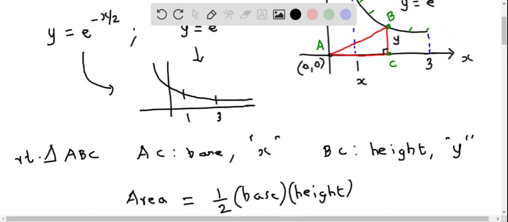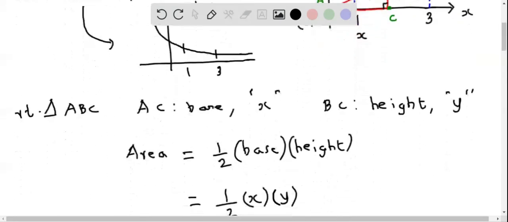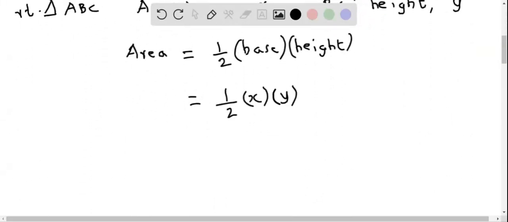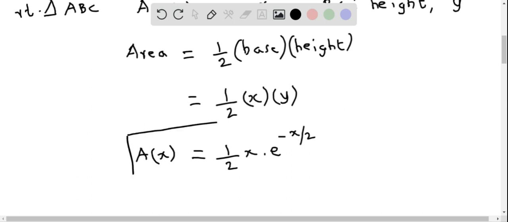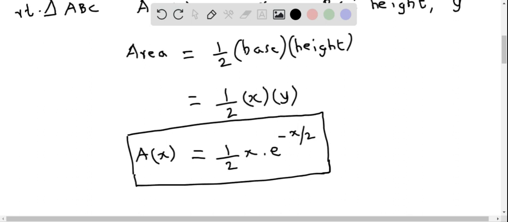The y is actually the curve, so we can replace it with the curve equation. So this gets simplified to half of x times e power minus x by 2. So this is the area function. Maybe we can represent this as A of x. So we have to find the maximum and minimum area using this function.